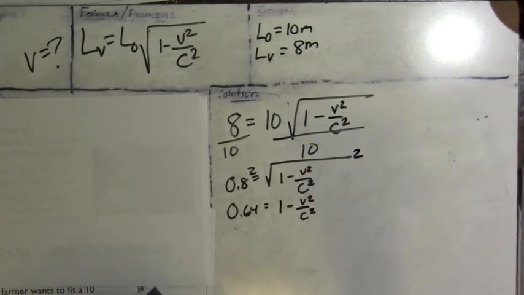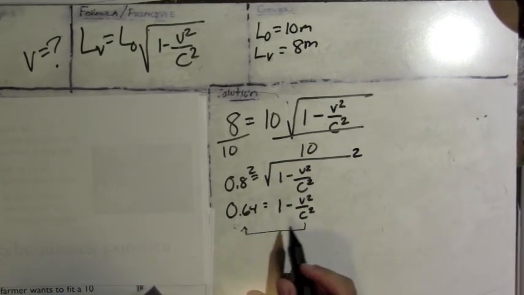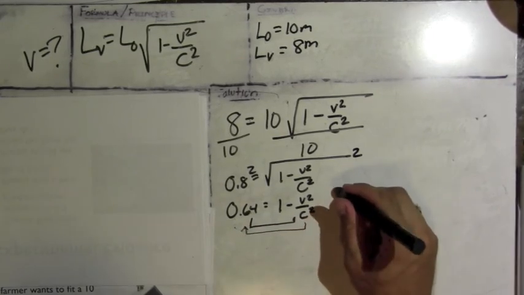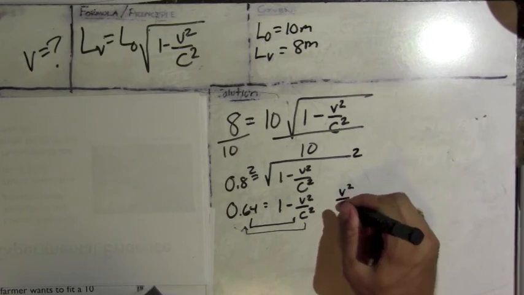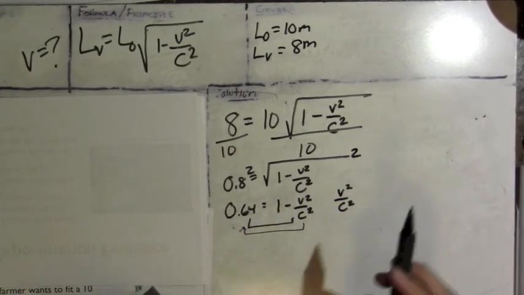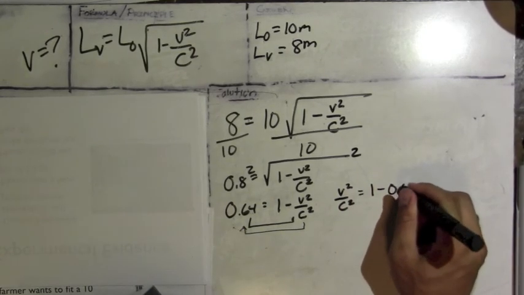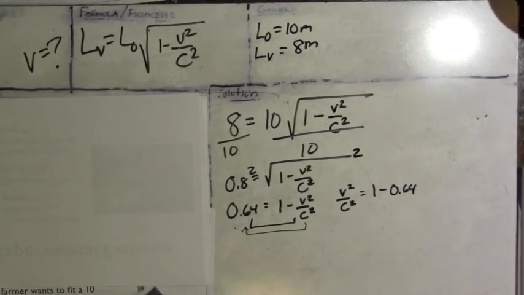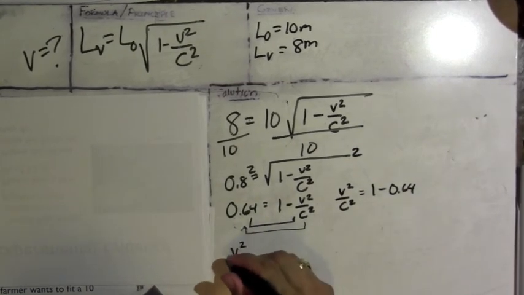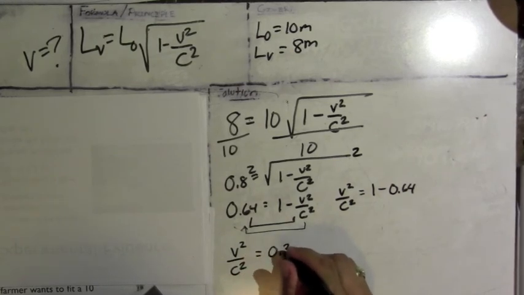So now I'm going to move this over to that side, and this over to that side. What I get is V squared over C squared, a positive value because I moved it over to the other side, equals 1 minus 0.64. So V squared over C squared has got to equal 0.36.